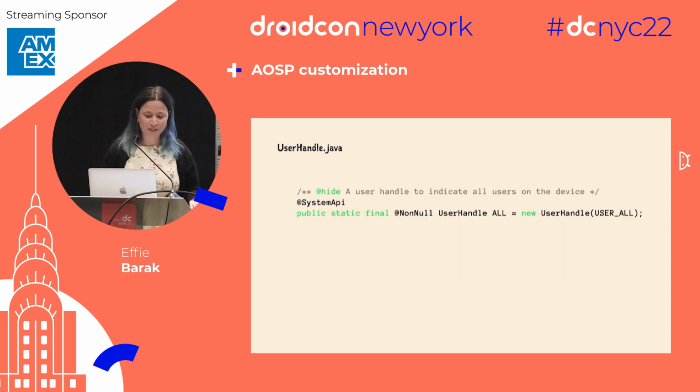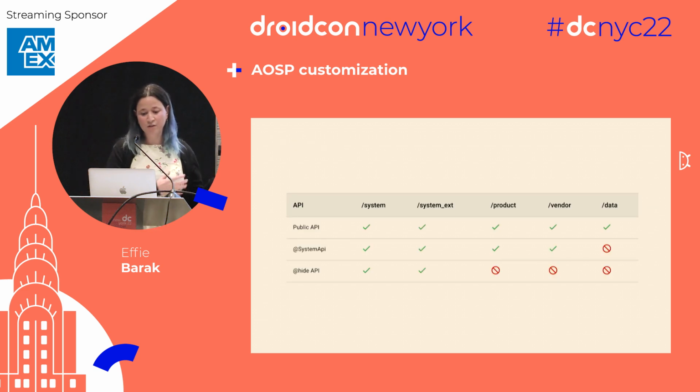Because when I go to the AOSP codebase and I open this file, I see that this user handle all is annotated by system API, which means that for the final stages of using the SDK, it's literally being stripped away. The annotation processor takes this property and just removes it completely.